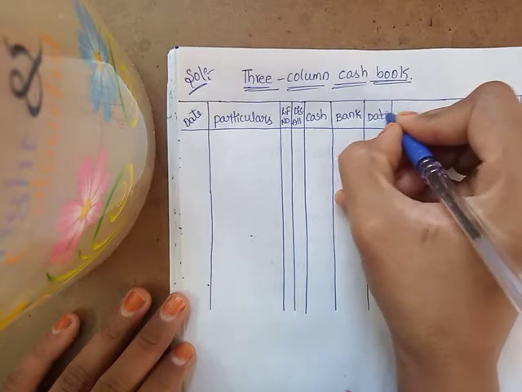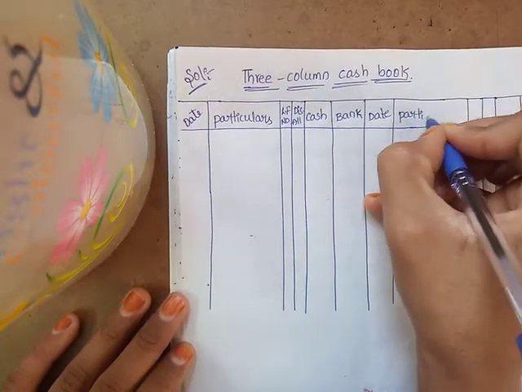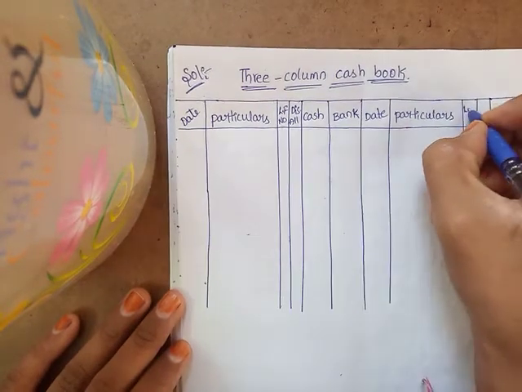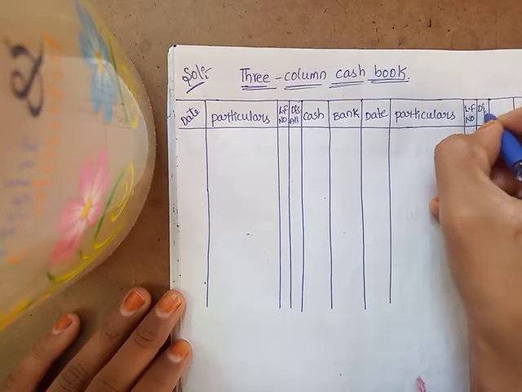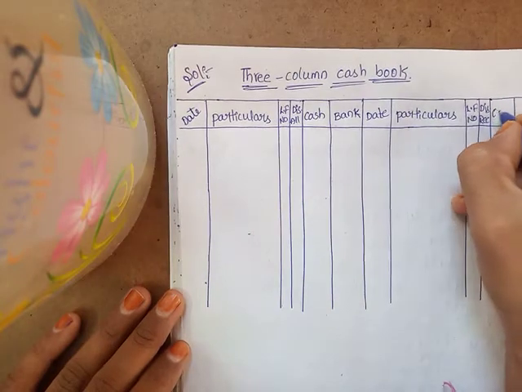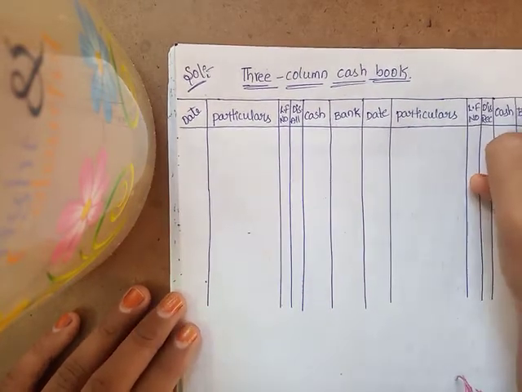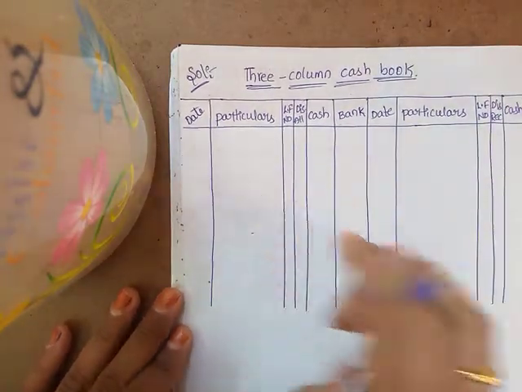Date, particulars, LF number, discount received, cash, bank. Or else you can draw the pro forma this way also.